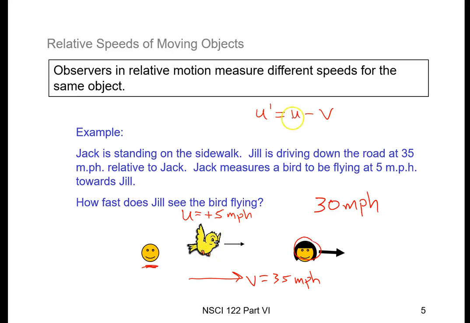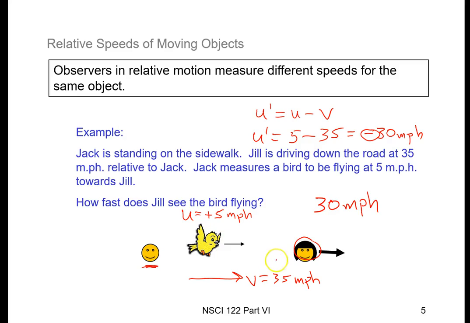So according to this equation from Newtonian relativity, U prime is going to be U, which is plus 5, minus V, which is 35, and you get negative 30 miles per hour. Now, what that minus sign is telling you is that relative to Jill, that bird's moving to the left.